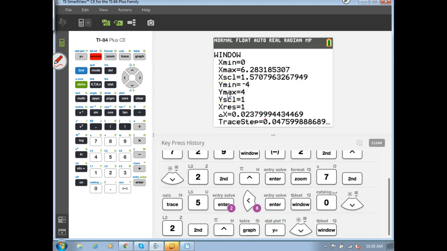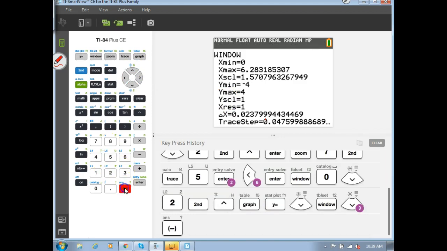For your max and min, if you think about the graph here, guys, we really don't need to go too far, -1 and 1. So I'm just going to go -2 to 2. I think at some point I did zoom trig, so for the x scale, which it's counting by, it probably adjusted it to pi over 2 automatically from me hitting zoom trig.